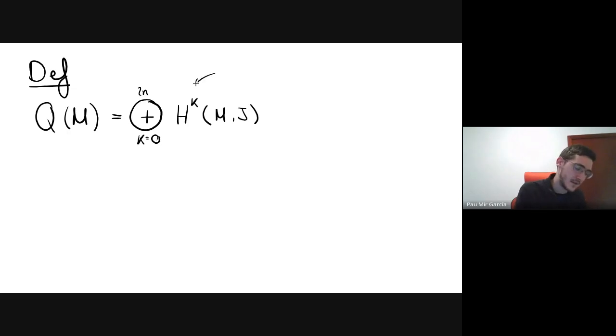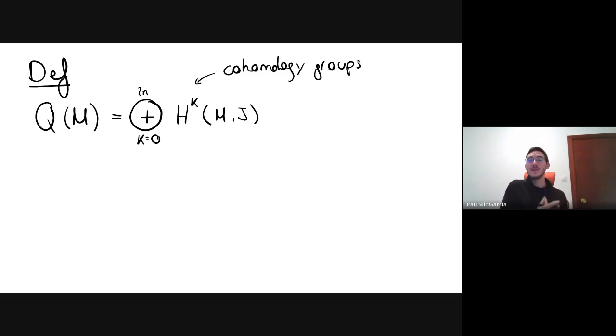And these are the cohomology groups associated to the sheaf cohomology, which might not be easy to compute.